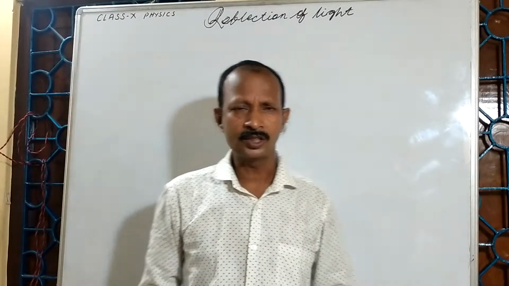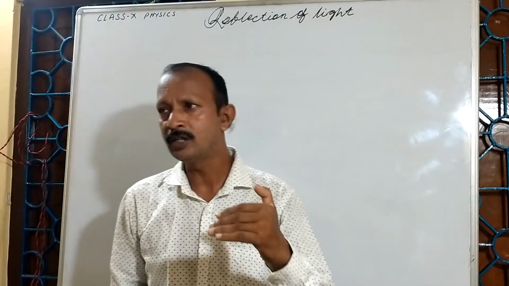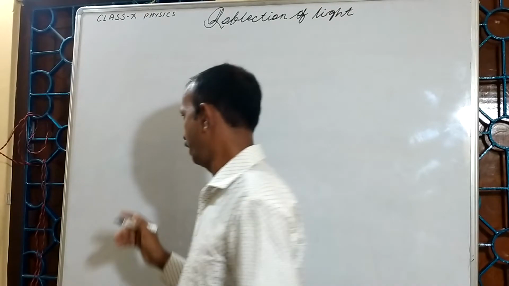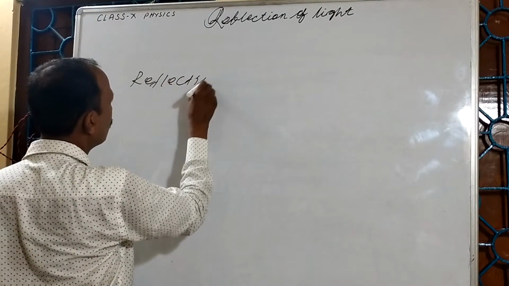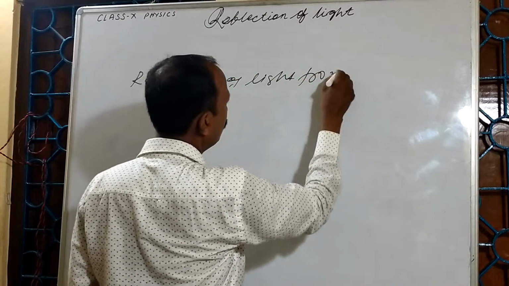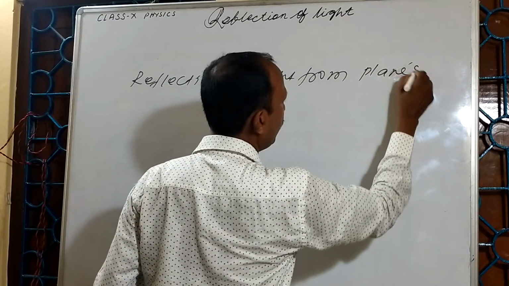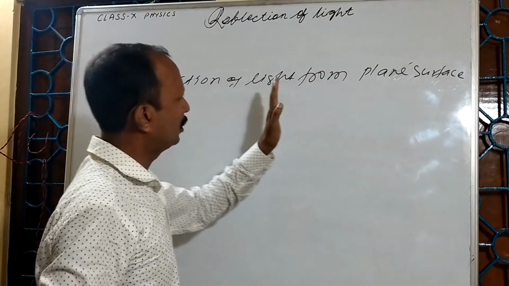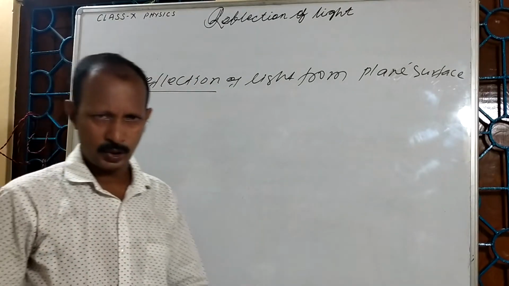One of the most important concepts is the laws of reflection, or I can say reflection of light from a plane surface. Before the reflection from a plane surface, I would like to say what we mean by reflection.